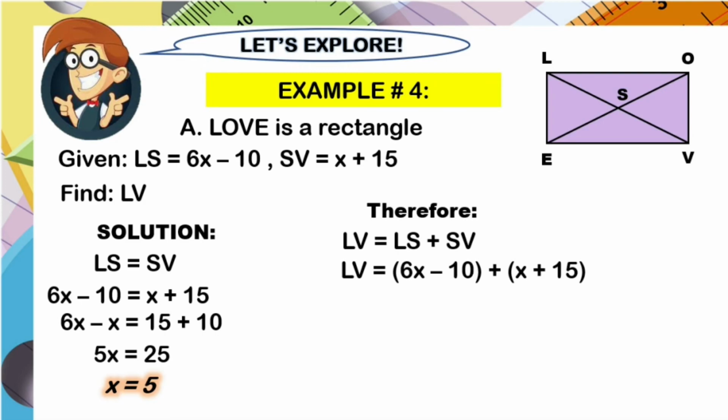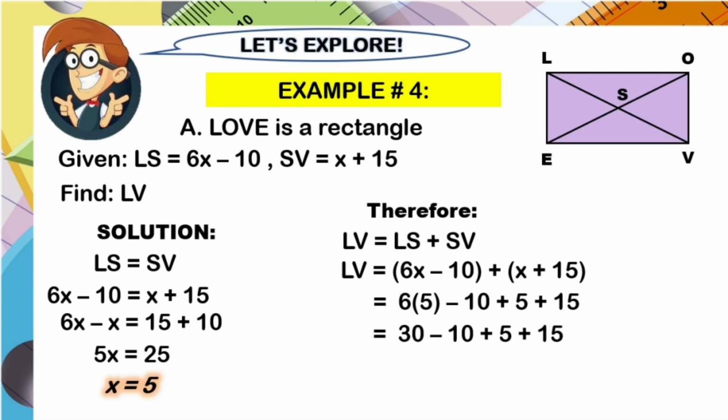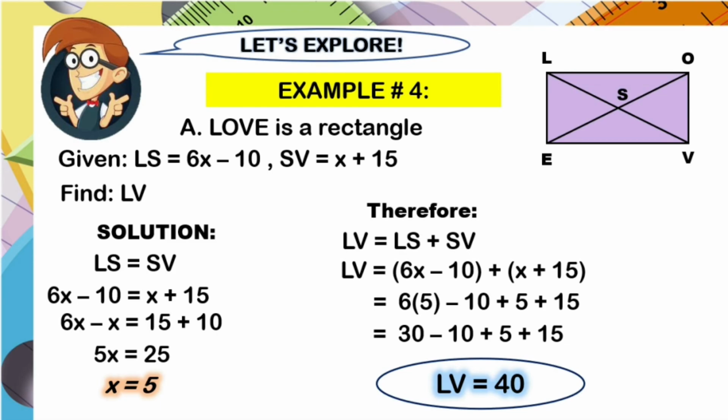After substituting the value of LS and SB to the equation, we next substitute the value of x to the equation. Thus, we have 6 times 5 minus 10 plus 5 plus 15. Simplifying, we have 30 minus 10 plus 5 plus 15. Solving further, we have LB, or diagonal LB, is equals to 40.